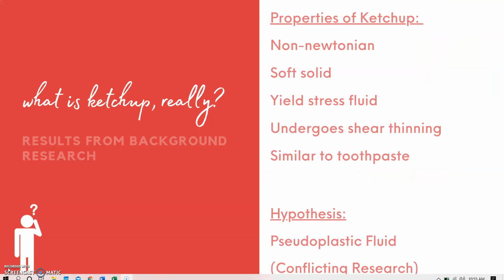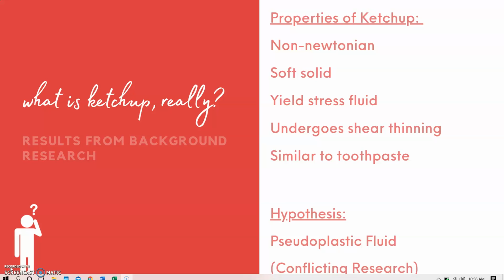viscosity. On research, I discovered that ketchup is often described as a suspension of pulverized tomato particles in a liquid. Due to this composition, the viscosity of a particular brand of ketchup may vary slightly in comparison to another. Furthermore, I learned that ketchup in a container behaves as a soft solid and can be described as a yield stress fluid.